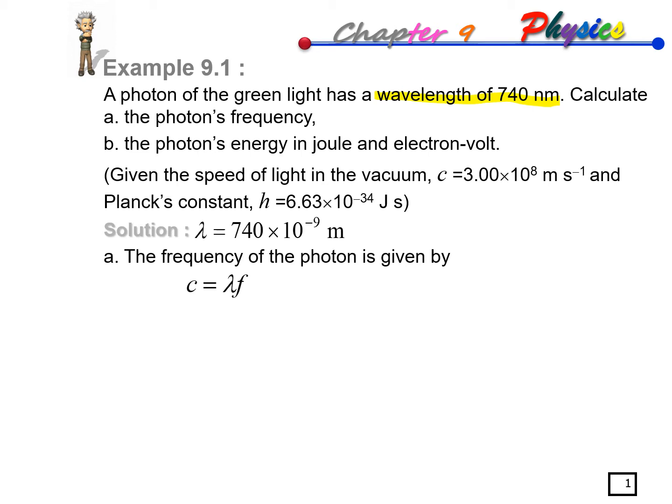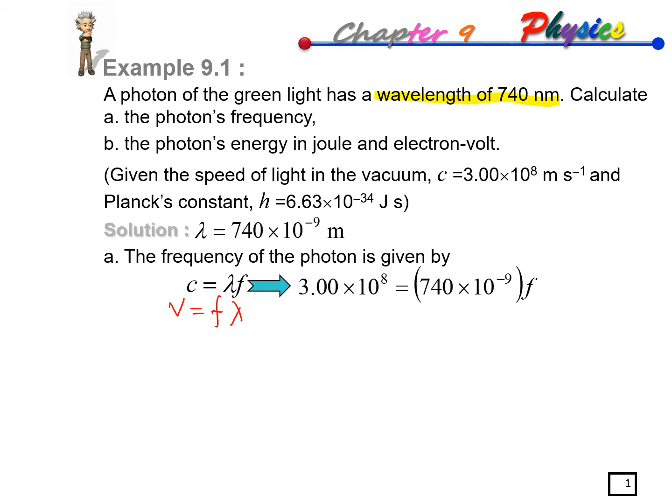So basically we apply the equation v equals f lambda, velocity of light. Since we are using velocity of light, which is constant, v we replace with c. Lambda is already given.